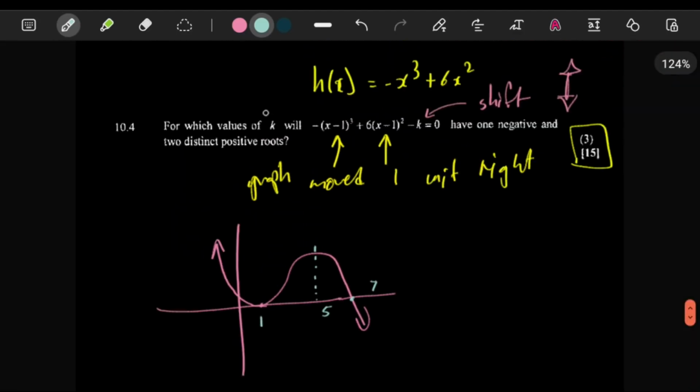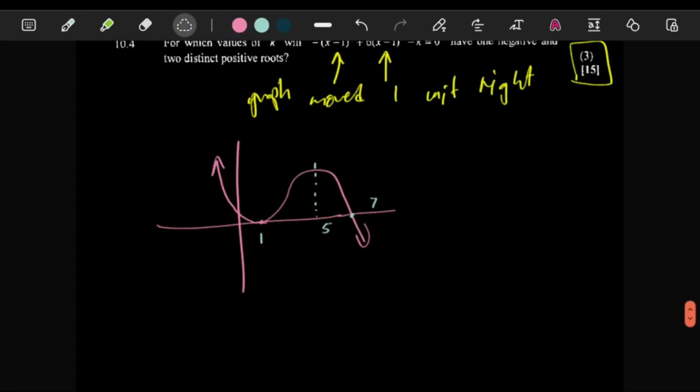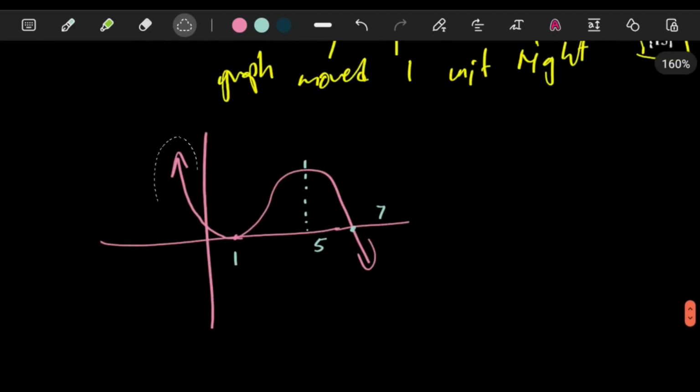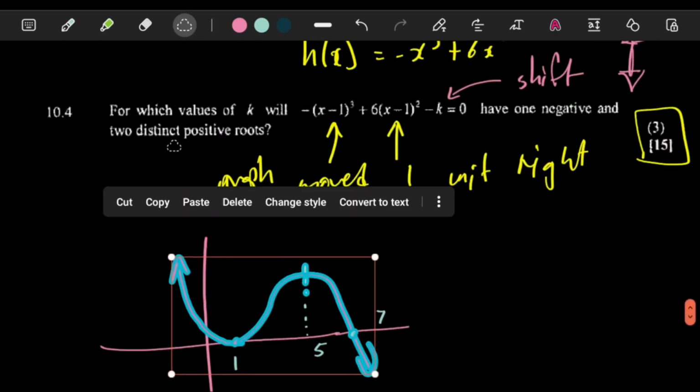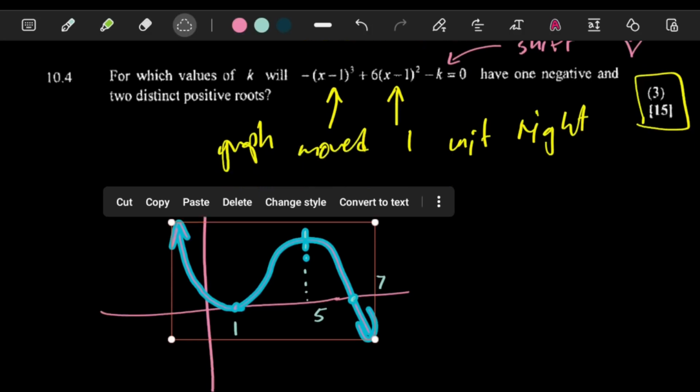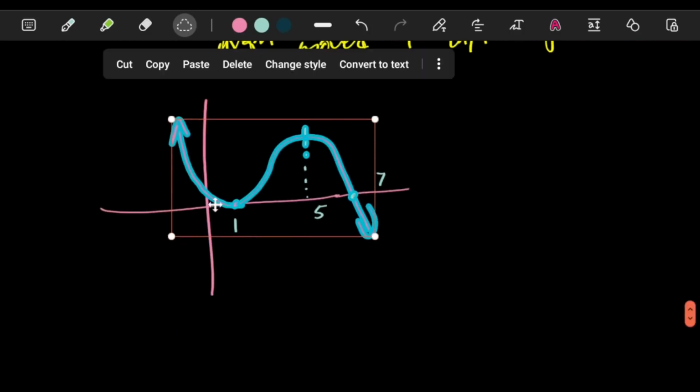So they said, for which values of k will this graph have 1 negative root and 2 distinct positive roots? Remember, k is moving the graph downwards. What you want to recognize is, if this graph is moved downwards, for it to have 2 x-intercepts that are positive and 1 that's negative, you want to focus on your turning point here.